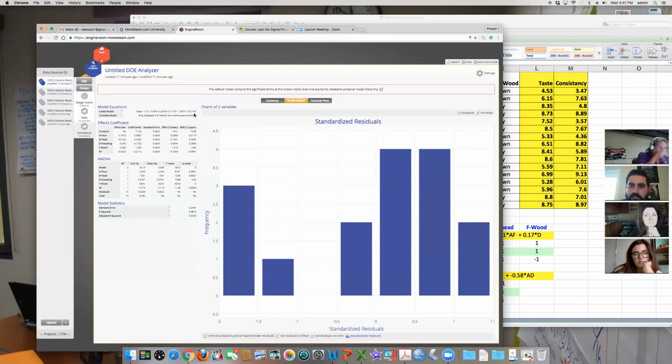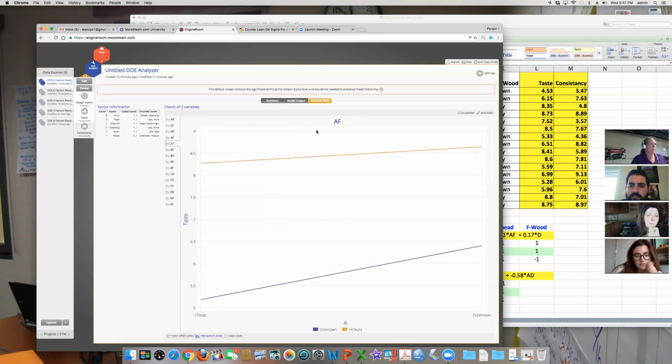Yeah, AF is in my model and it's significant, so I'm not exactly sure. It could be just the fact that these lines have different slopes. They don't intersect within this diagram, but you can see that going from 5 to 6 and from 8 to 8.5, maybe that's causing some level of significance. I'm going to have to scratch my head on that a little bit.